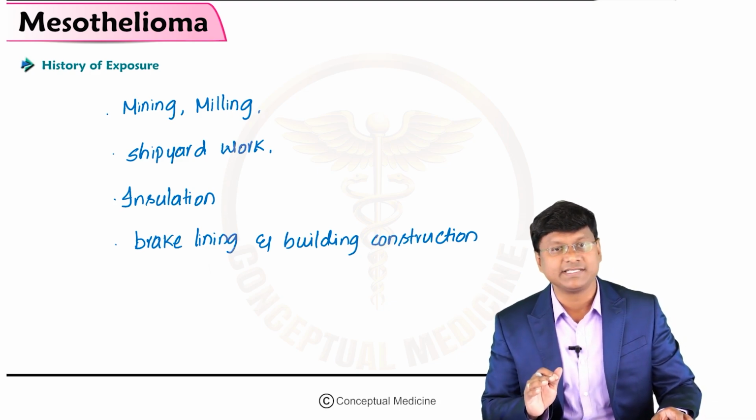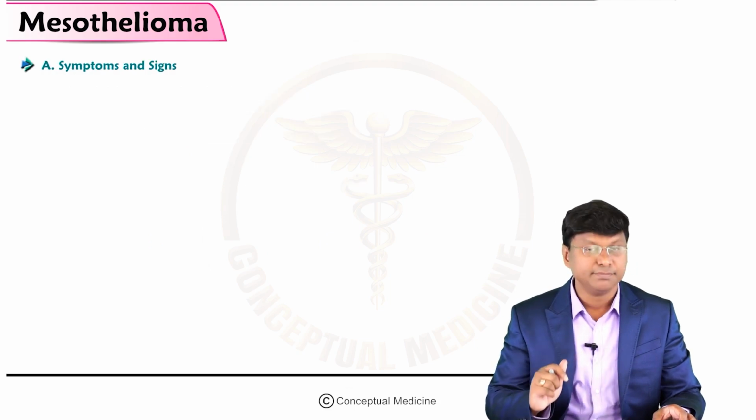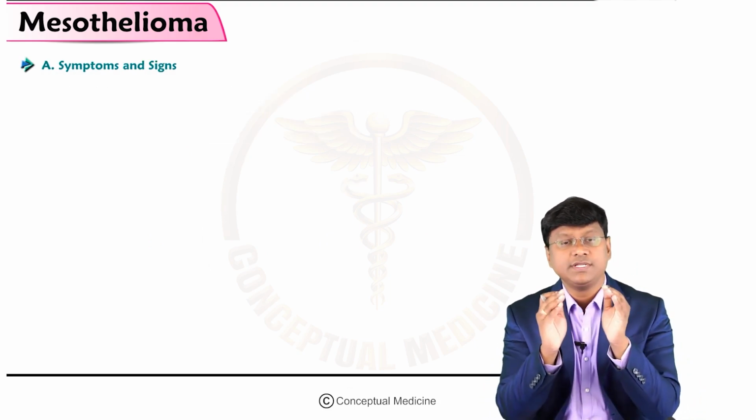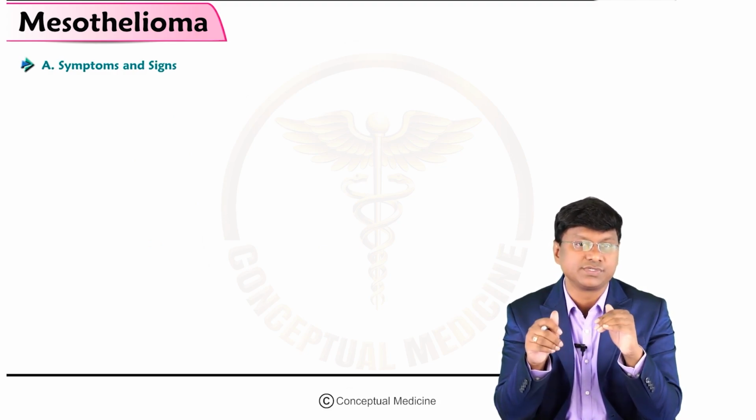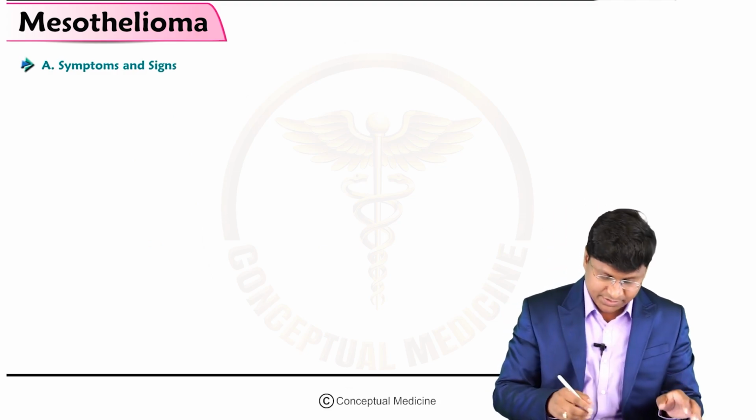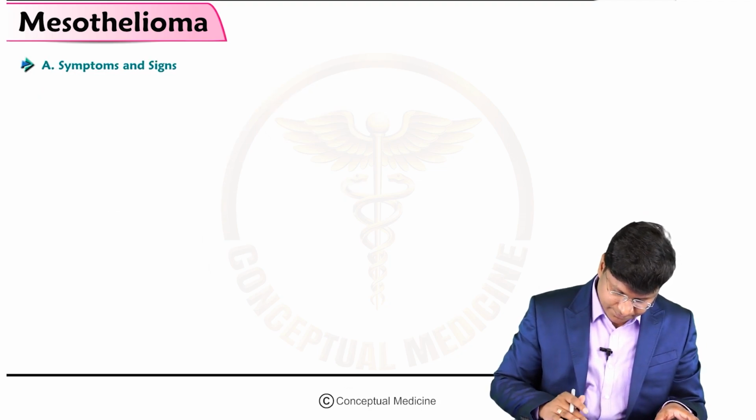Now, what will be the signs and symptoms in patients with mesothelioma? The average interval between the onset of symptoms and diagnosis is 2 to 3 months.